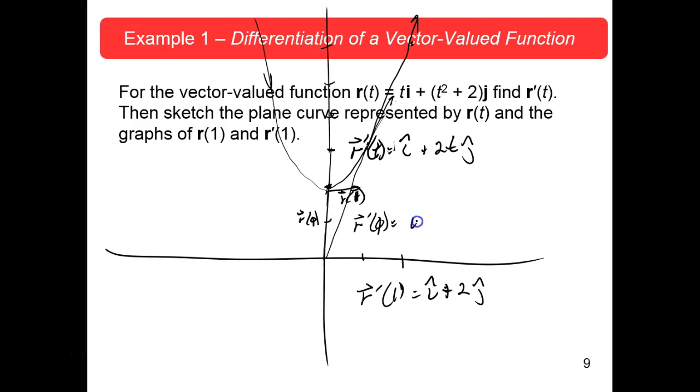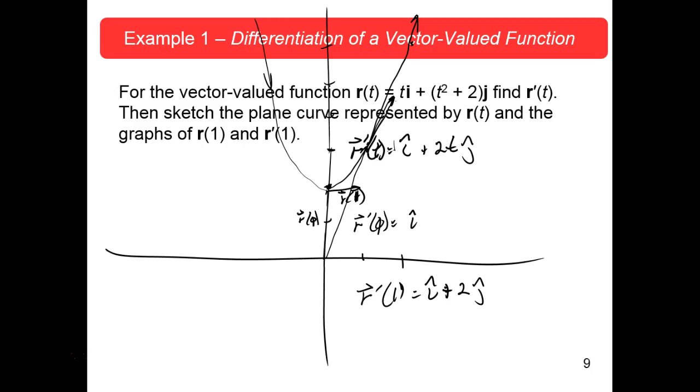I forgot to write this, it's just I. So yeah, it's a longer vector, and it keeps on climbing. So there's your vector R of 1 right here, and there's your vector R prime of 1, tangent to the curve at that point.